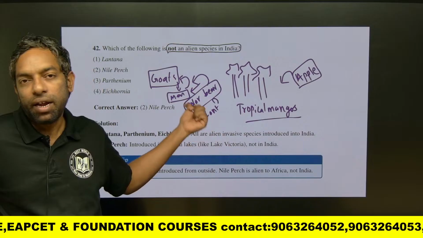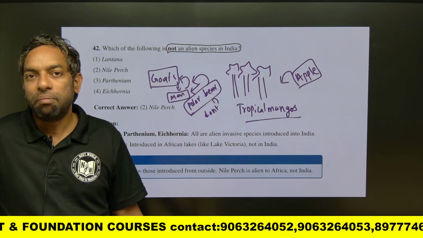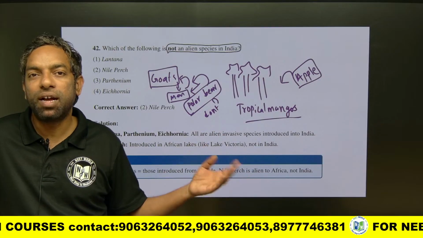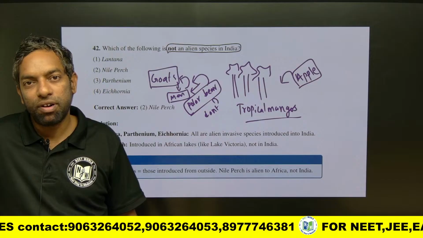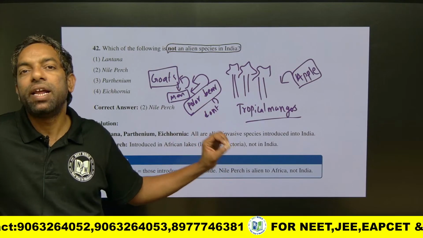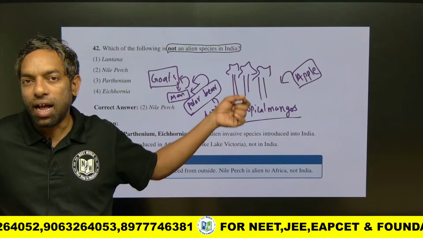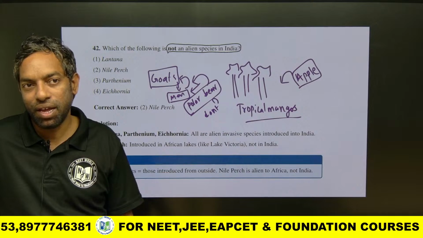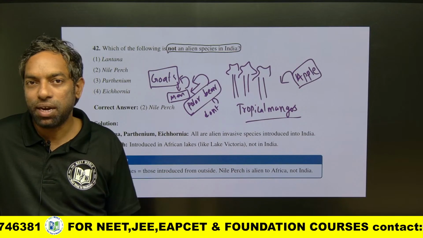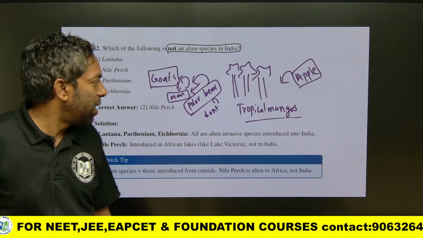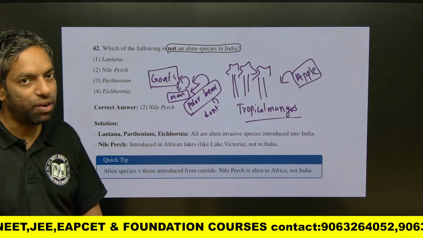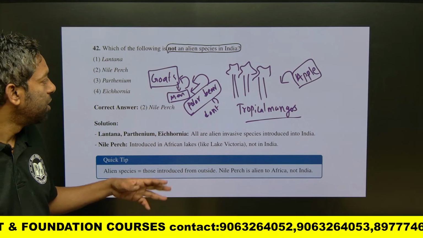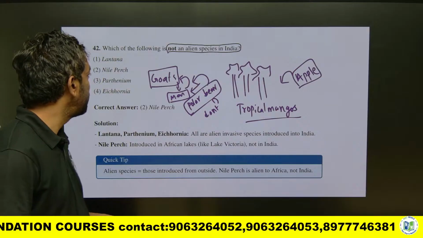Humans can eat goats, so the goat population will remain stable, but the bear population will increase because it has no predator. That is an alien species, and it can affect the local population. I hope you guys understand this. If polar bears enter India, they have no predator here, so they can reproduce freely.